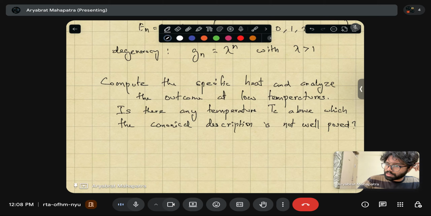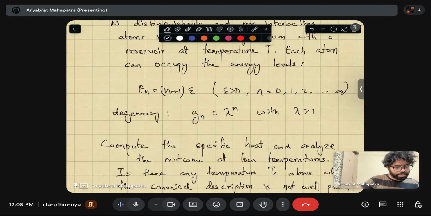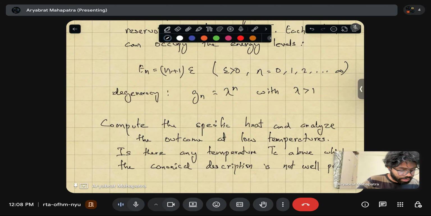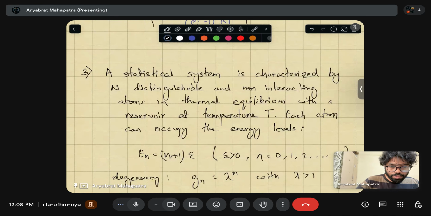The Sommerfeld expansion, for some T very close to T_F, means when it is close to zero. Is it a fermionic system, or is it distinguishable? No, I'm not particularly talking about a fermionic system. I'm talking about distinguishable particles here. So it's not a fermionic system, it's a classical system.